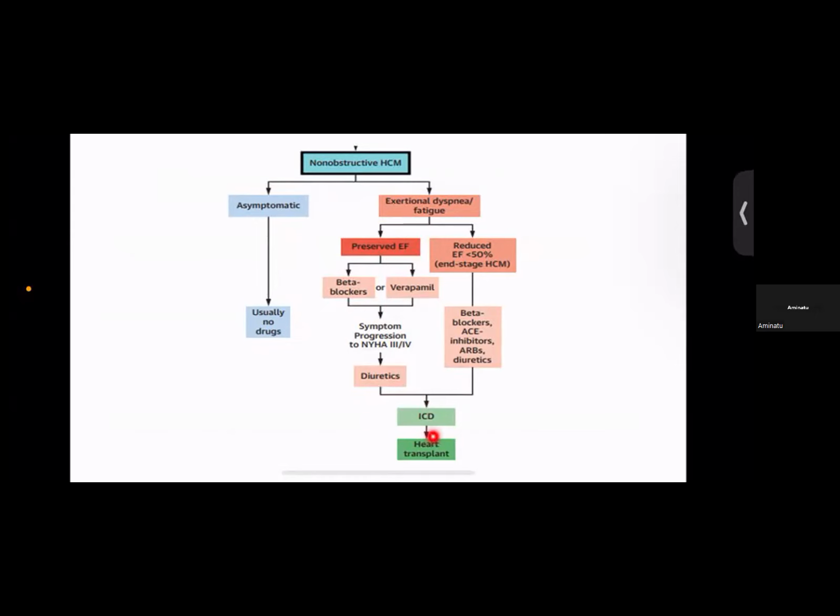And if all that fails, we introduce ICD and finally heart transplant. But if these patients have reduced ejection fraction less than 50, then we go to treatment of heart failure with reduced ejection fraction. And if it fails, we move to device therapy or heart transplantation.